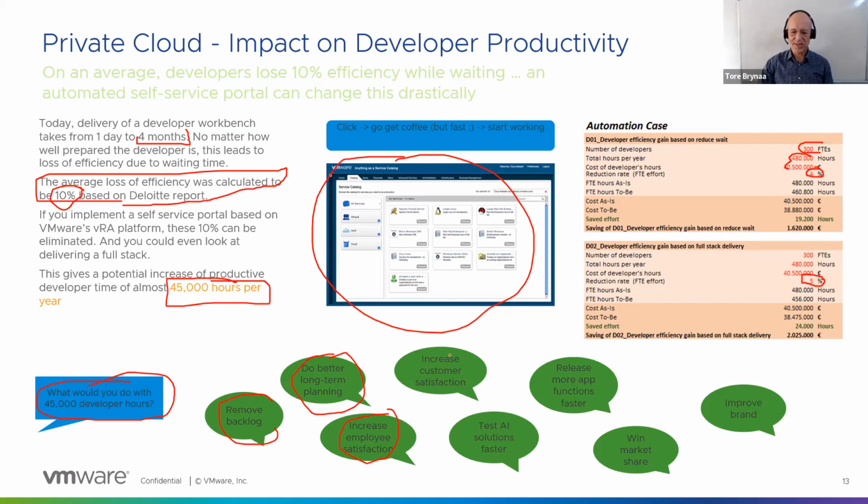So they also said, okay, we can increase customer satisfaction if we build better apps and release more quickly. They wanted to test AI solutions. They want to release new app functions faster. And now here in the lower right corner, it says win market share. We did a calculation. We moved theoretically 3% of the supermarket share of market in one country because they got so many more users on the app in just one country that the sales increased.